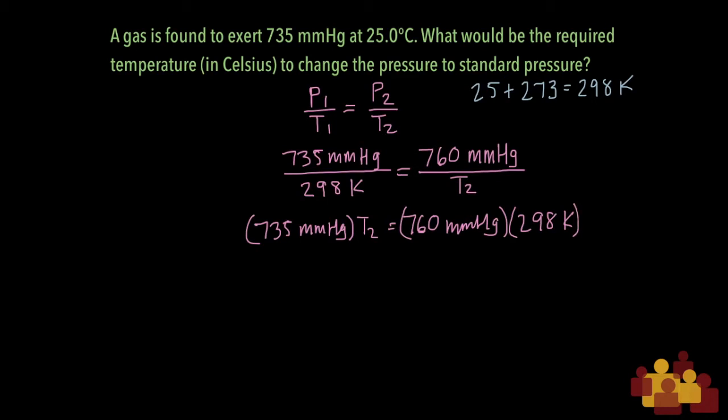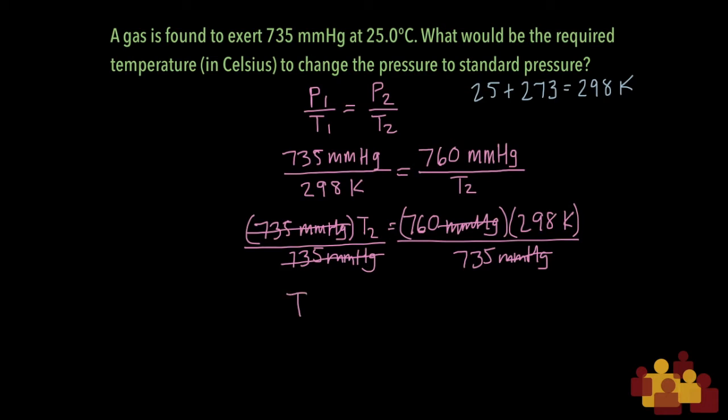Now, to isolate our final temperature, we need to divide both sides by 735 millimeters of mercury. This will allow us to completely cancel out the value on this side and cancel out the units on this side. So what we have left is T2 equals 760 times 298, all divided by 735, and we're retaining our unit of Kelvin.